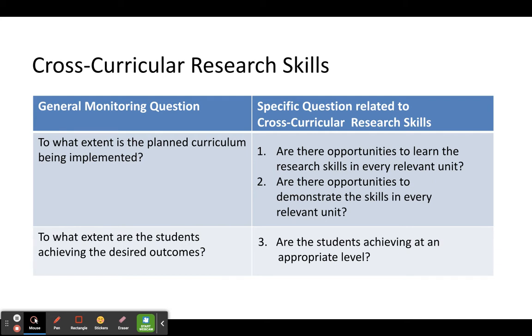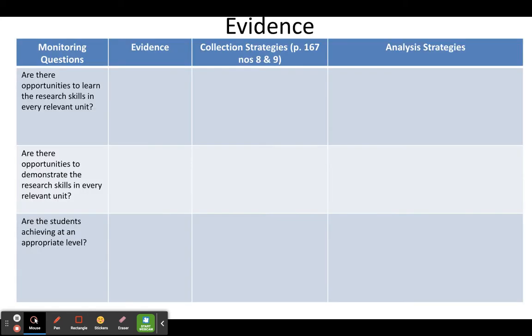So let's take these questions and think about how we're going to narrow down the data now to make it a reasonable data sample that's going to be manageable. So for the opportunities to learn the research skills, we're going to want to look to see that the skills are actually listed and included in our units, and we might do a full check through whatever curriculum mapping software we use that those are included.